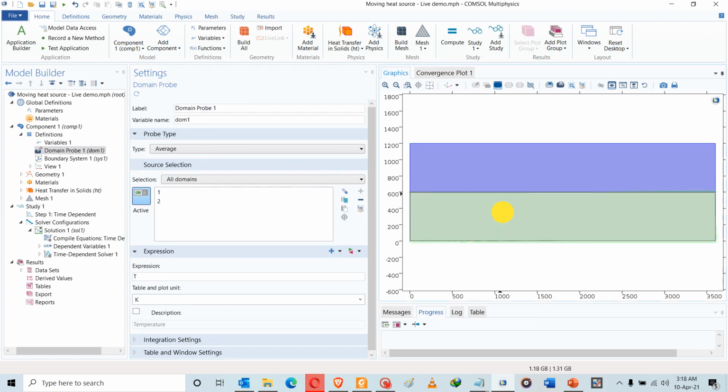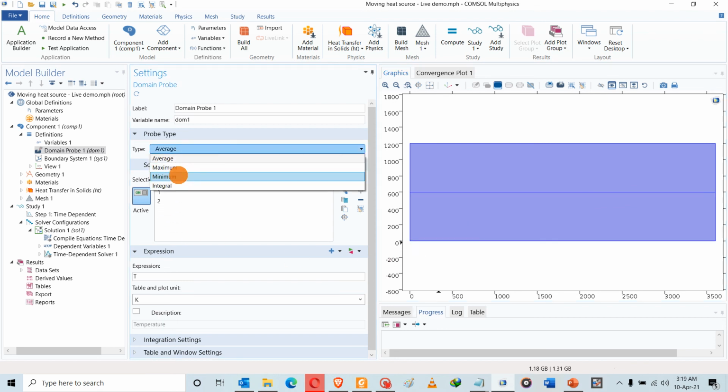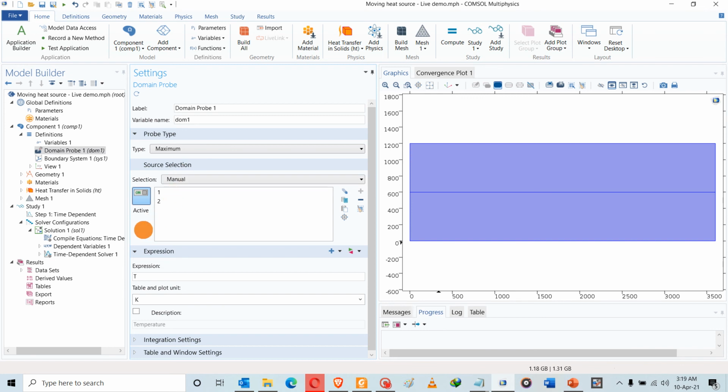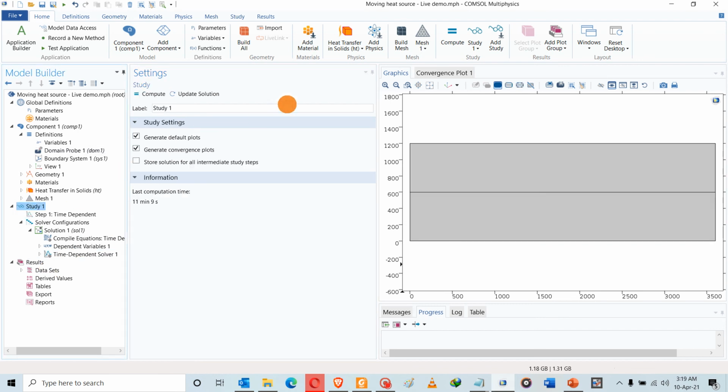This domain probe is only going to measure, okay, fine, let it measure the temperature everywhere. But I want to know the maximum surface temperature. Not everything, just the maximum surface temperature. That's what I care about. Okay, so we can now compute.